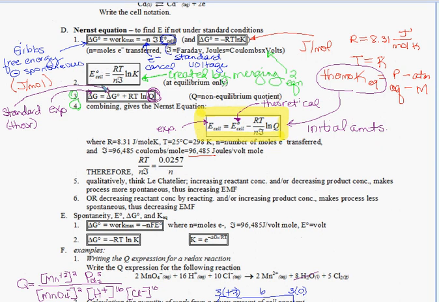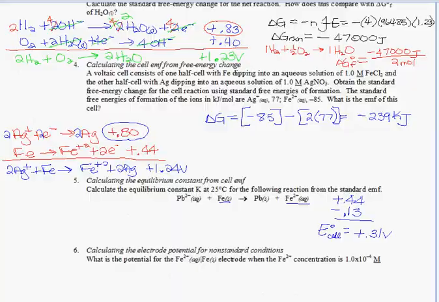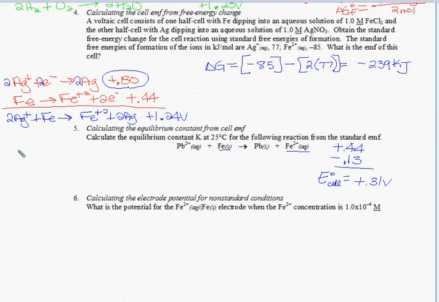So it's going to be E cell equals RT over NF times natural log of K. And let me just double check. Is there a negative sign? No, there is not. Perfect. So there we go. Now we're going to go ahead and fill that in.